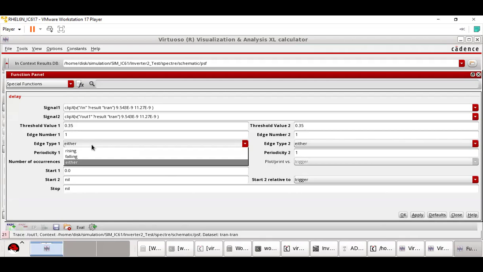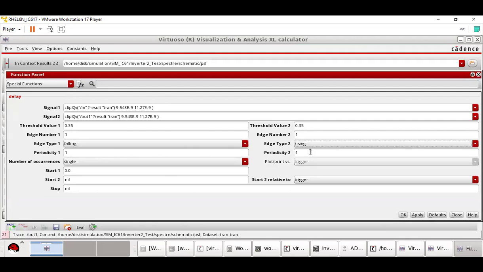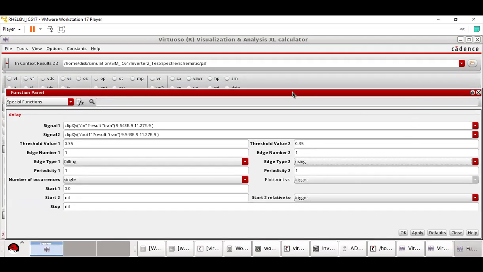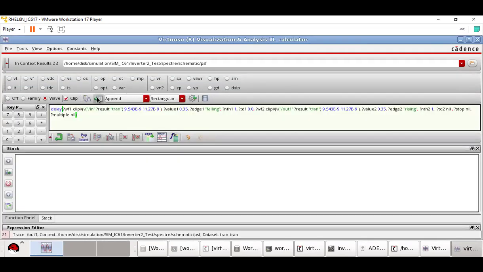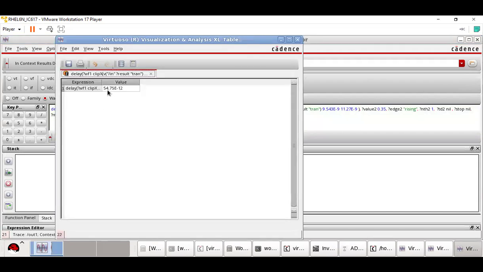First signal is input is falling and output is rising. Apply. You see, this is the delay. This delay is different from what you got. Your question was very specific about that. What if your input is falling and the output is rising?